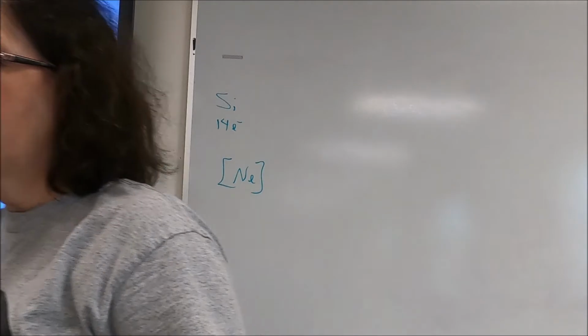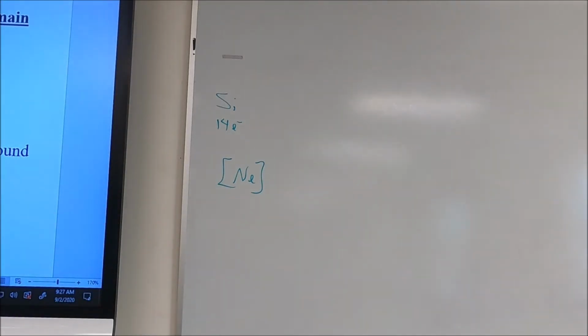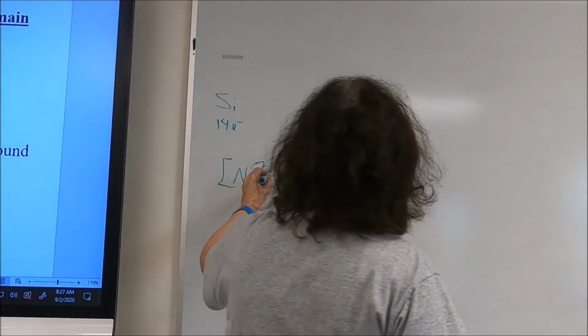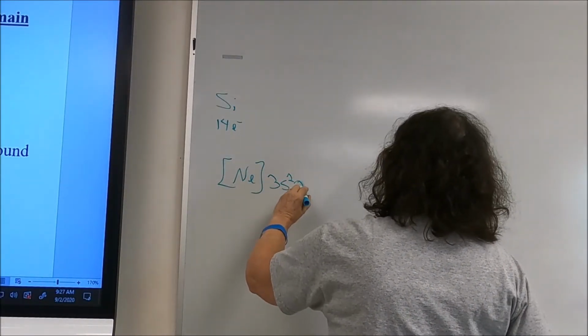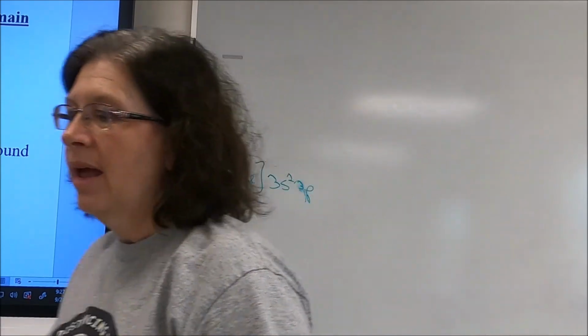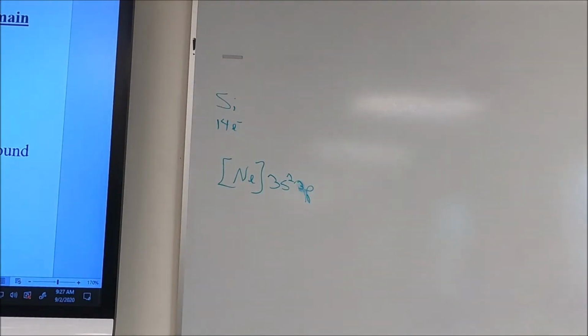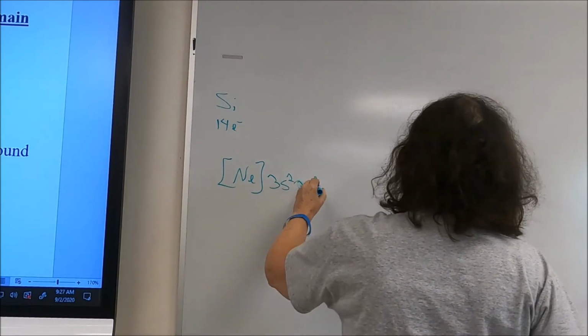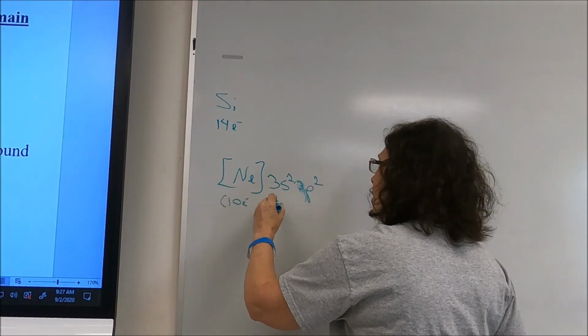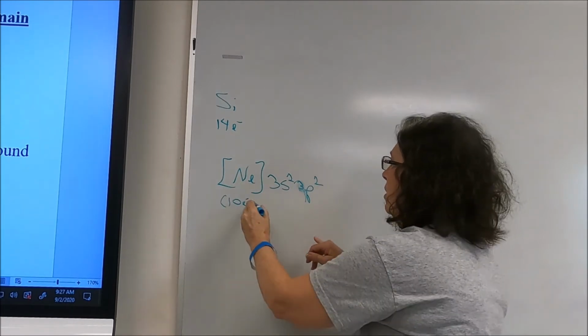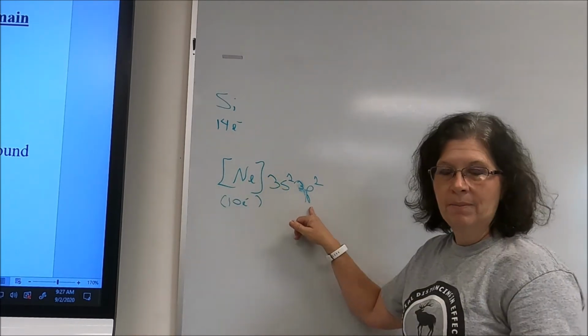Now, if we walk across the periodic table, then on the 3rd row, we have 3s2. And then we move on to 3p. And silicon is 2 steps over, so it's 3p2. So neon had 10 electrons, and then 4 more, 14.